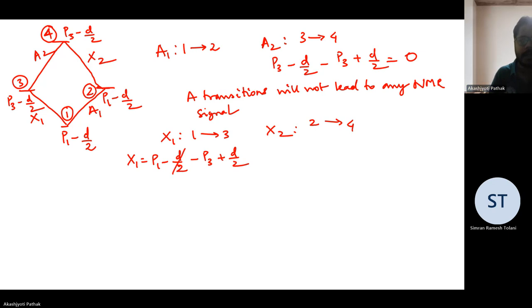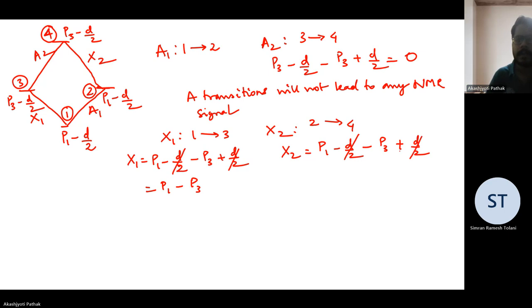These will cancel and we will get P1 minus P3. Similarly, for X2, the difference in population will be P1 minus D by 2 minus P3 plus D by 2.